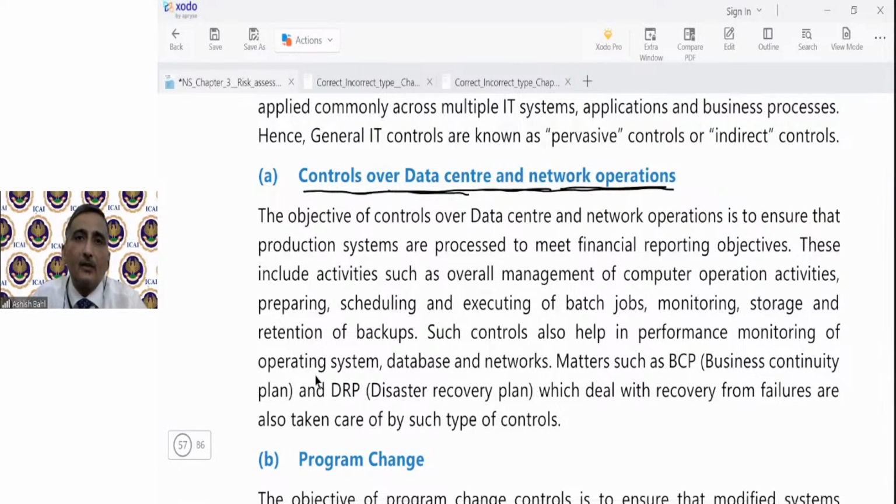Students, you know about the data center, where all the servers of the company are maintained. The objective of controls over data center and network operations is that production systems are processed to meet financial reporting objectives.